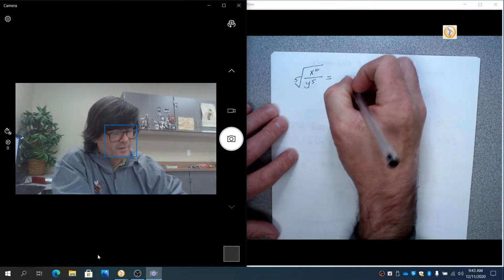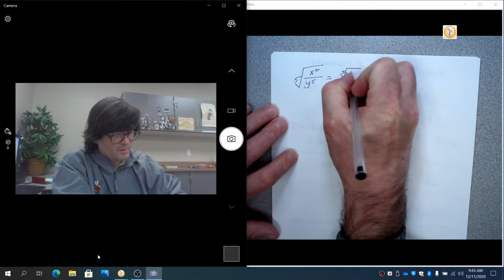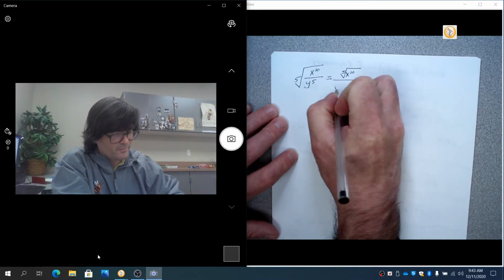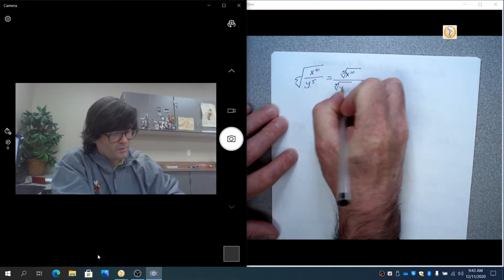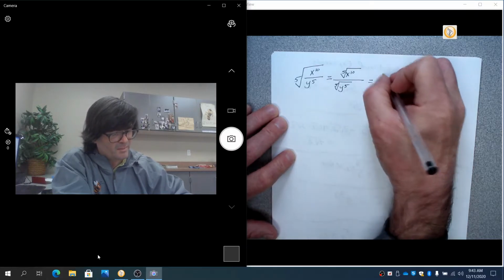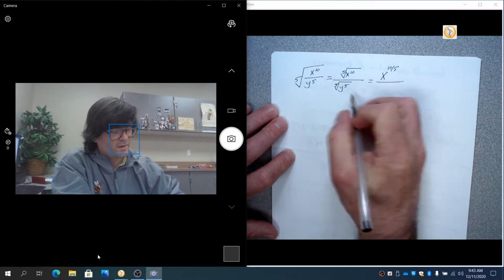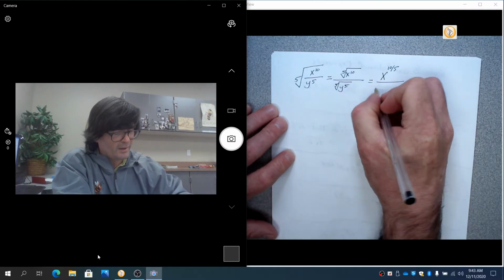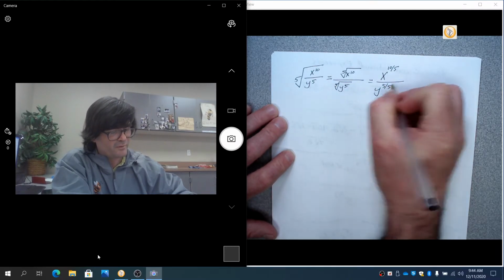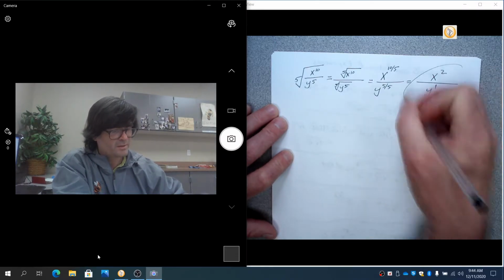So this is going to be the 5th root of x to the 10 over the 5th root of y to the 5. The power is 10, the root is 5, x to the 10 over 5. Here the power is 5, the root is 5, y to the 5 over 5, which is x squared over y to the first.